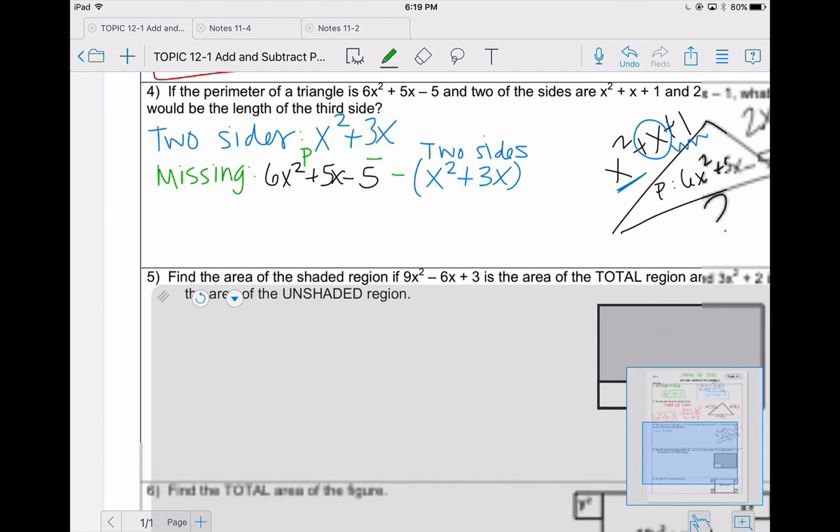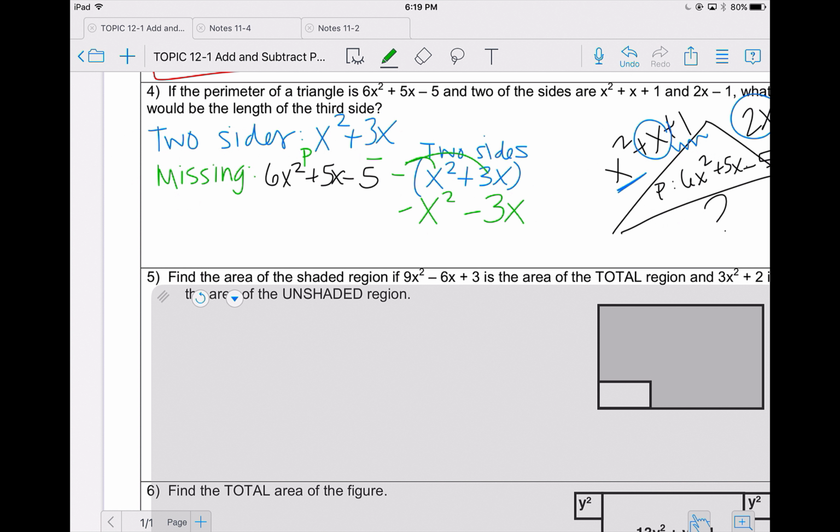So just like we did on problem 2, I have to distribute the subtraction to the x squared and the 3x. So I'm taking my total perimeter and subtracting everything from the two sides, everything that I know, to find out what I don't know.